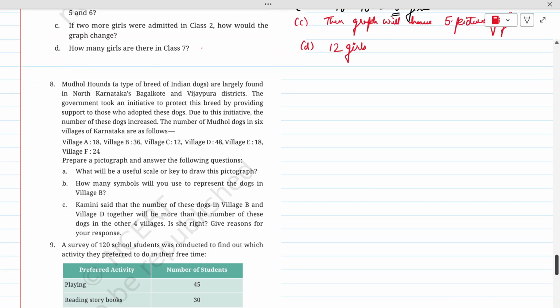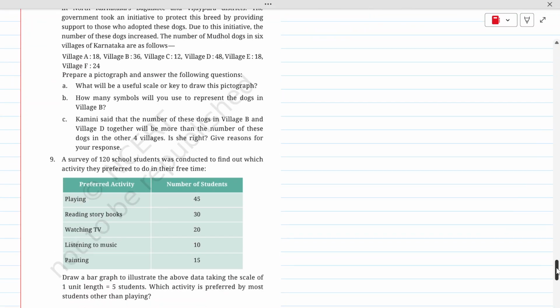Mudhol hounds, a breed of Indian dogs, are largely found in North Karnataka's Bagalkote and Vijayapura districts. The government took an initiative to protect this breed by providing support to those who adopted these dogs. Due to this initiative, the number of these dogs increased. The number of Mudhol dogs in 6 villages of Karnataka are as follows.